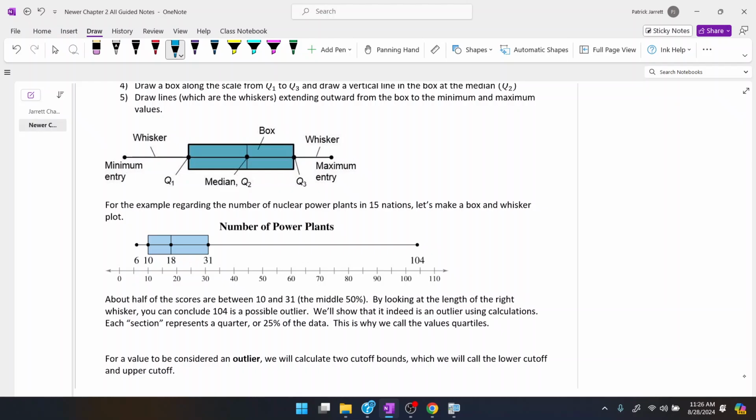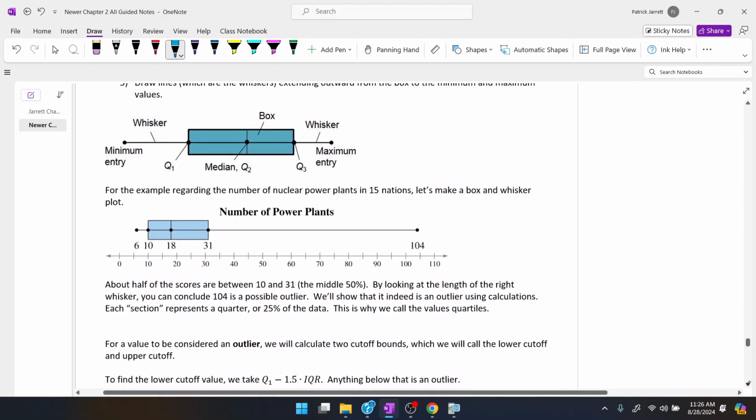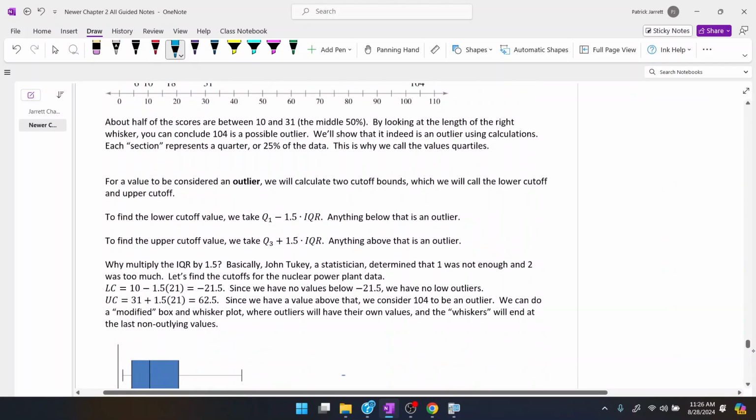So, in order for a value to be considered an outlier, we're going to calculate two cutoff boundaries, which we will call the lower cutoff and the upper cutoff. Now, you do not plot them, but we're going to calculate them. So, to find the lower cutoff value, and I would write this down on your formula sheet, you take the first quartile minus 1.5 times the IQR.